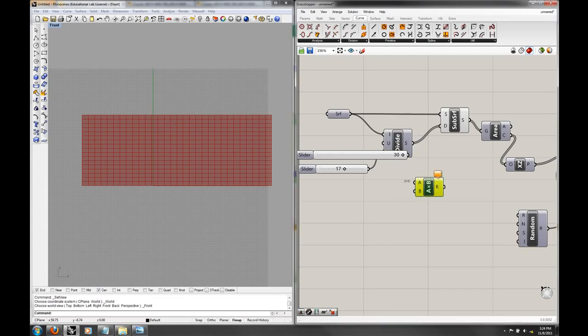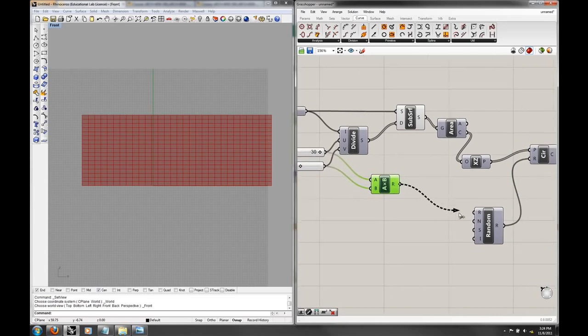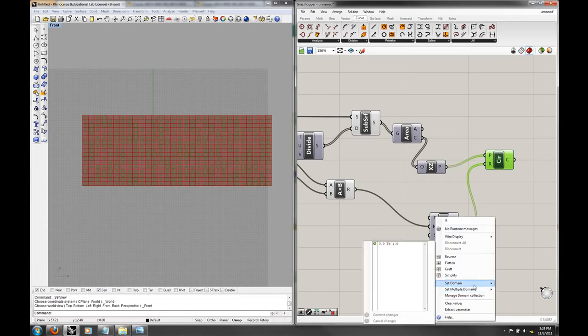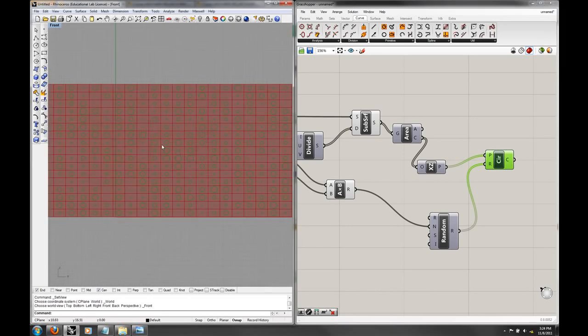So 30 times 17, 510. Put that in for our number. And so we get a pretty radically different set of circles. I'm going to shrink this domain a bit. There we go. Don't want them to overlap.